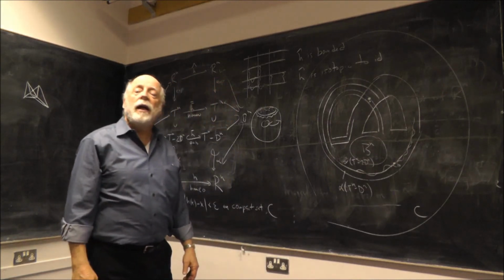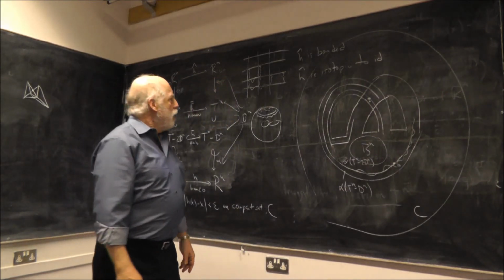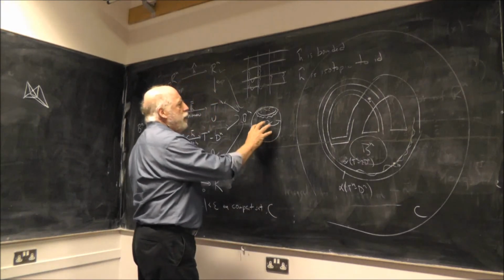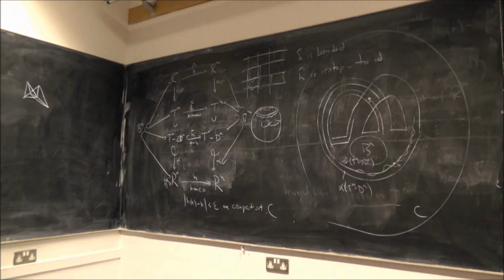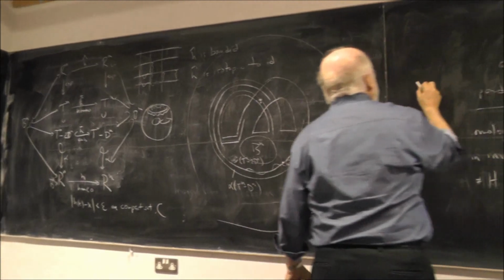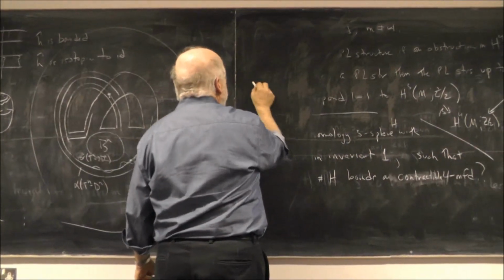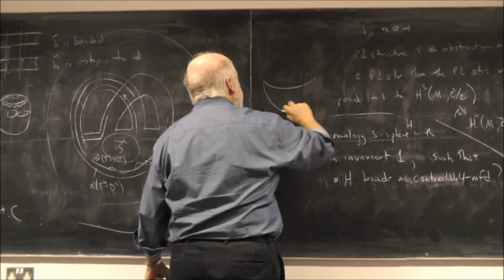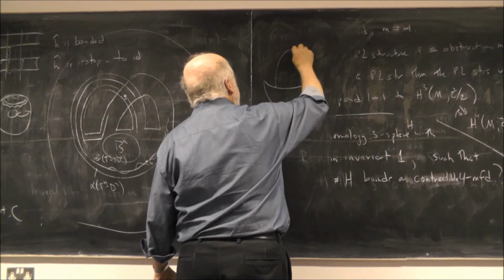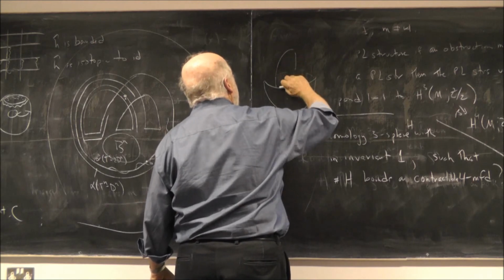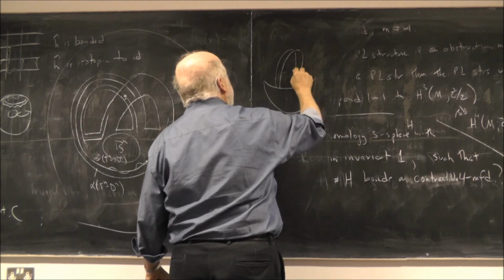What does that look like in terms of visualizing it? If you think of the torus drawn that way, let me draw this picture then. There's the bottom of the torus, and then you have a 1-handle that goes up and over and is attached.